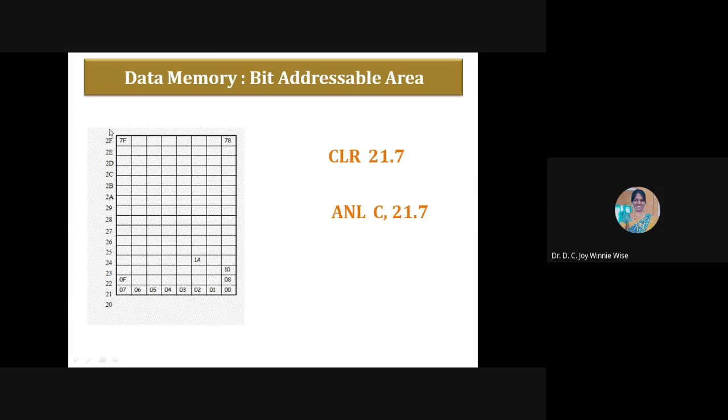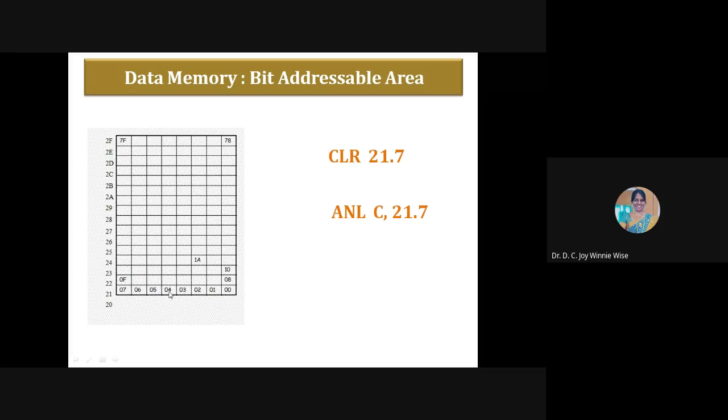Okay. Now let's see the bit addressable area. Actually, the bit addressable area is from location 20 to 2F. Since it is used for some applications, through this we can connect an LED also. In this line, we can connect an LED.